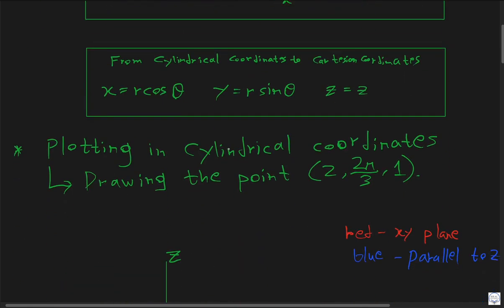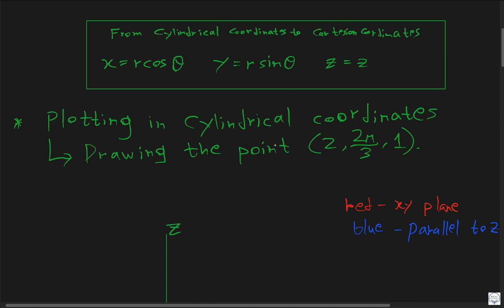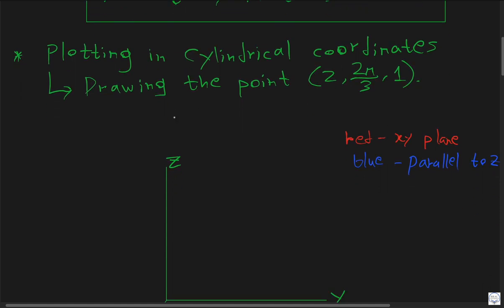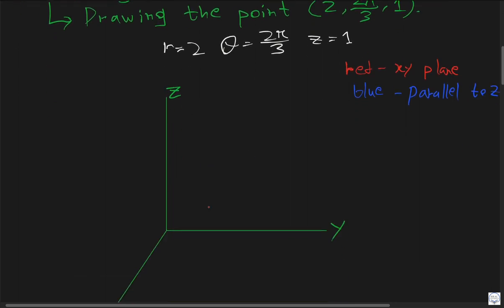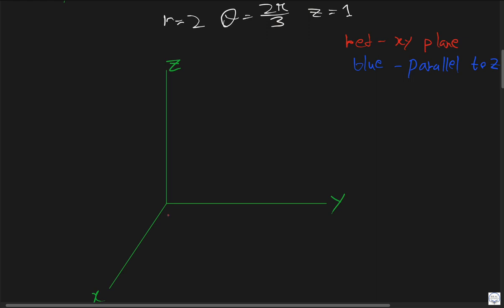Now let's see how to plot a particular point in the cylindrical coordinate system. Here we have r equals 2, theta equals 2 pi over 3, and z equals 1. So let's first draw out the xy plane, like how to move across the xy plane in the cylindrical system.